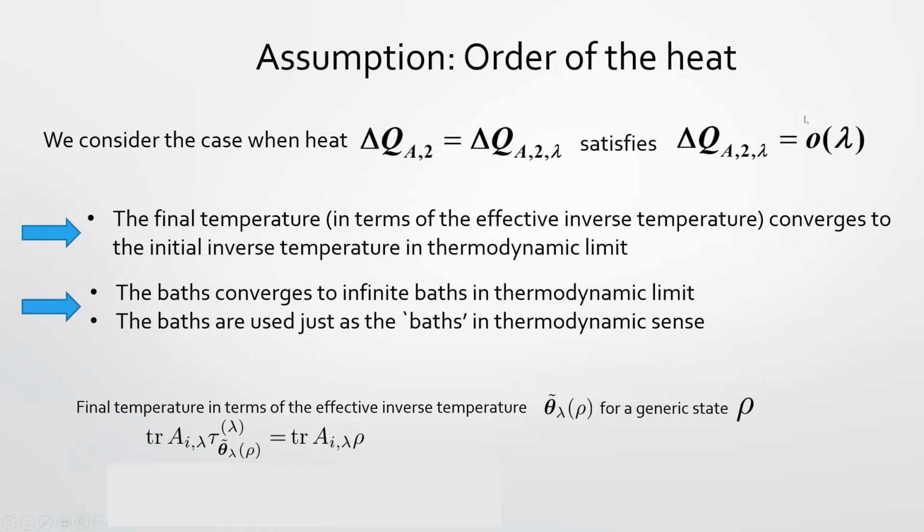Because this kind of quantity can be considered quite small, depending on lambda, in that case maybe we can ignore that kind of finite length correction when lambda goes to infinity. So then we can recover the Carnot efficiency.